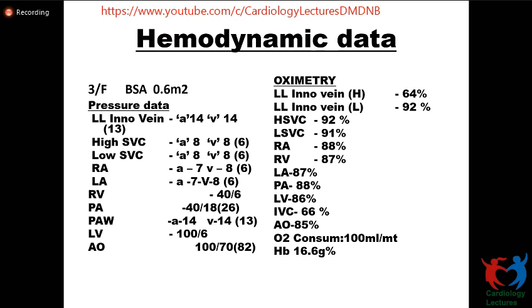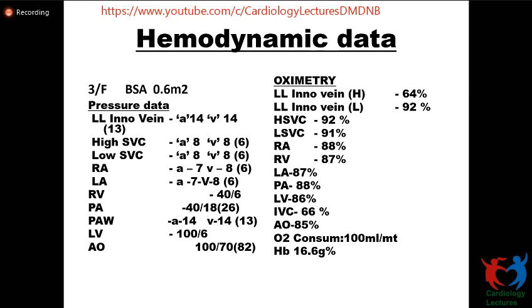What is the oximetry data that will help you to diagnose supracardiac variety of total anomalous pulmonary venous drainage?